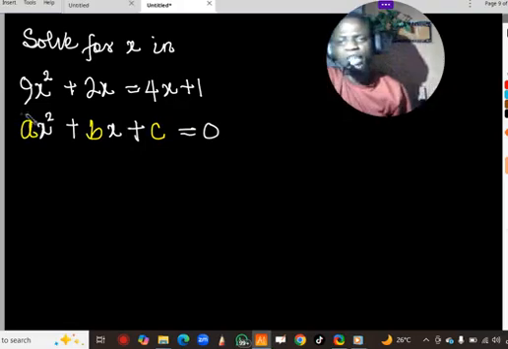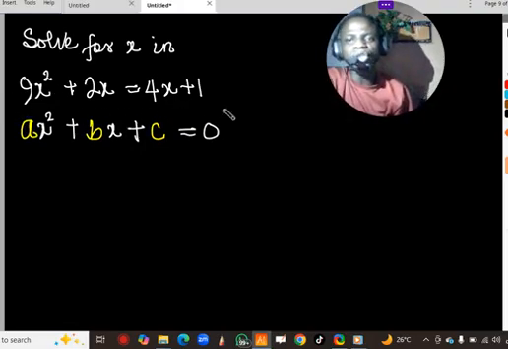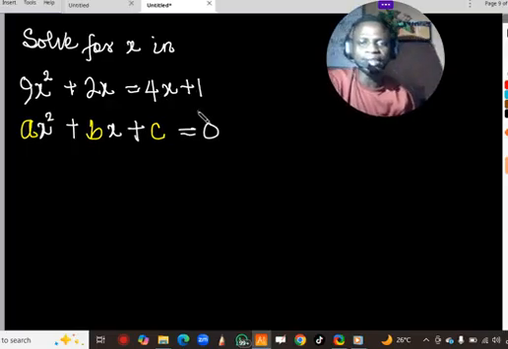So before we can solve this, we have to make this question be in this form. To do that, we have to move everything on the right hand side to the left hand side, so that we can have just 0 left at the right hand side.